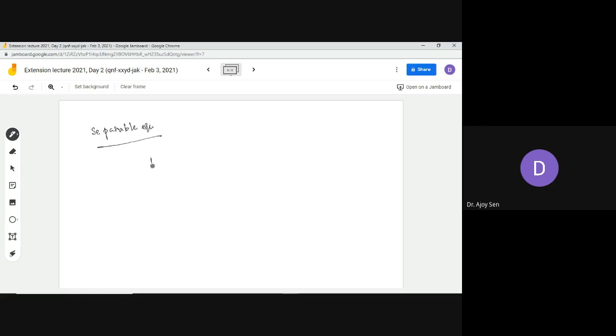Separable differential equations are of this kind of form: f(x) g(y) dx plus, you can say, f(x) g(y) dy equals 0. This is a special kind of differential equation. You can see at once that if you rearrange this, you can integrate it, or you can say that mu, the integrating factor, will be nothing but 1 over f(x) g(y).